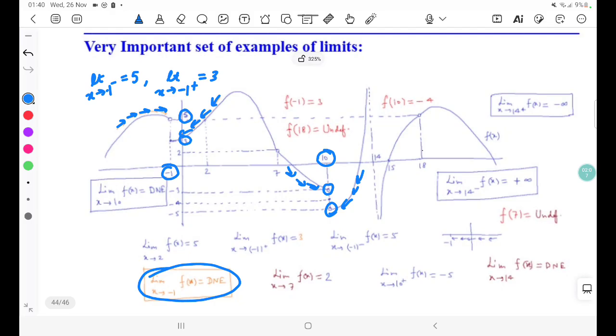This is also a very important example of jump discontinuity.